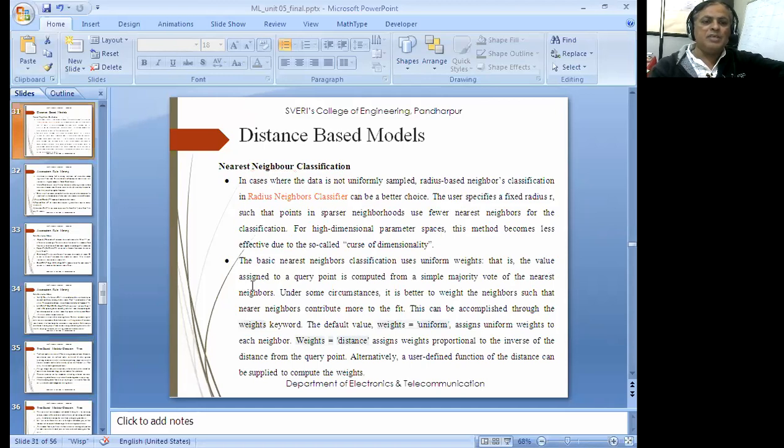This is how things are with nearest neighbor classification. We have also seen that there are two ways the weights can be calculated. When weights equals uniform, you have uniform weights for each neighbor, and when weights equals distance, the weights are proportional to the inverse of the distance from the query point.